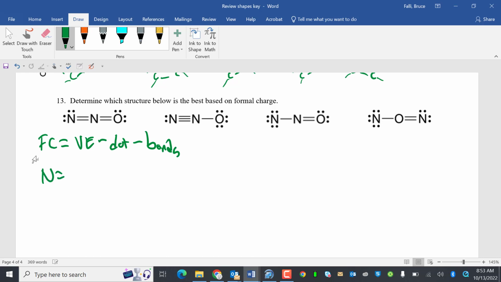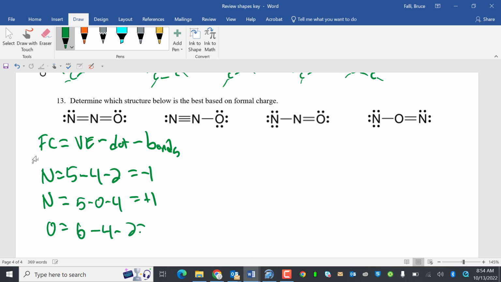So nitrogen 1 is 5 minus 4 dots minus 2 bonds equals -1. Nitrogen 2 is 5 minus 0 dots minus 4 bonds equals +1. And then we have oxygen: 6 minus dots, which is 4, minus bonds, which is 2, equals 0.